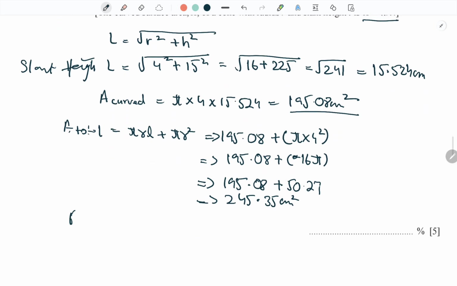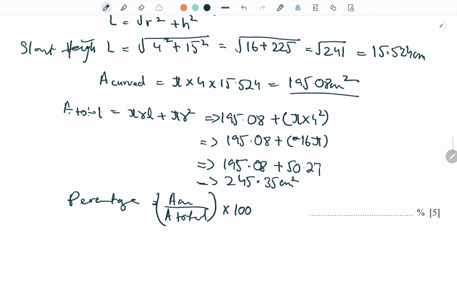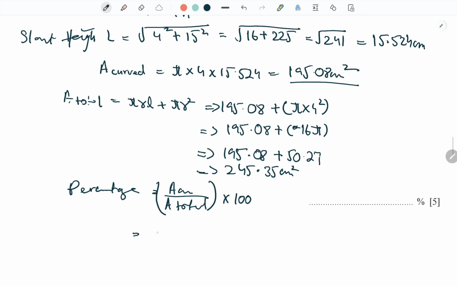According to the question, we calculate this in percentage form. So percentage equals the area of the curved surface over the area of the total, times 100. The curved area is 195.08 and the total area is 245.35, times 100.